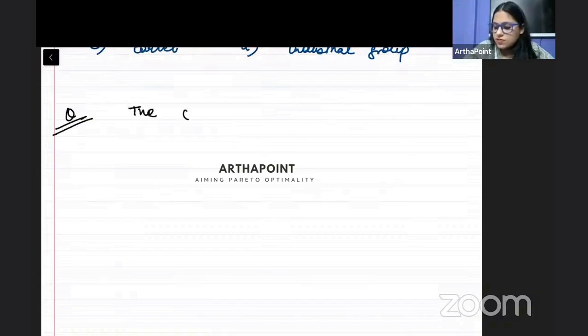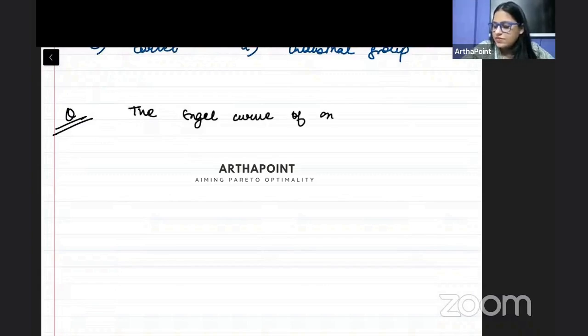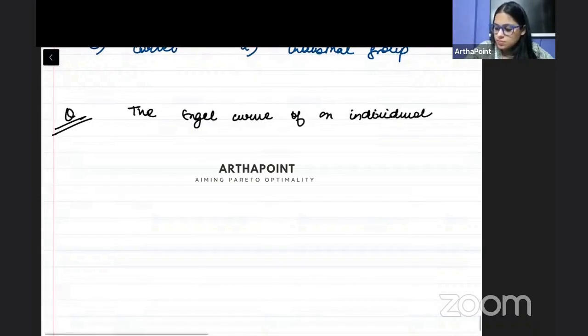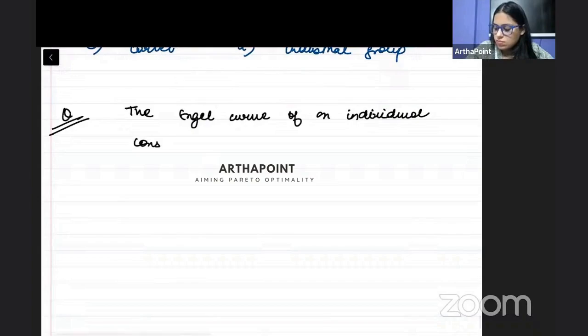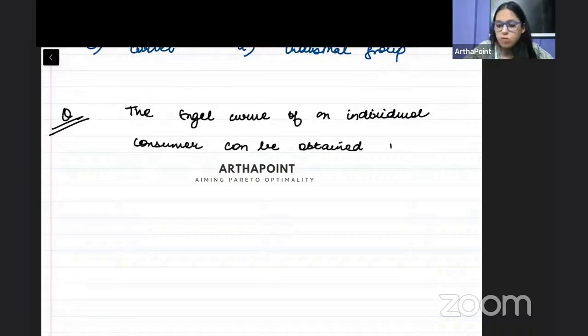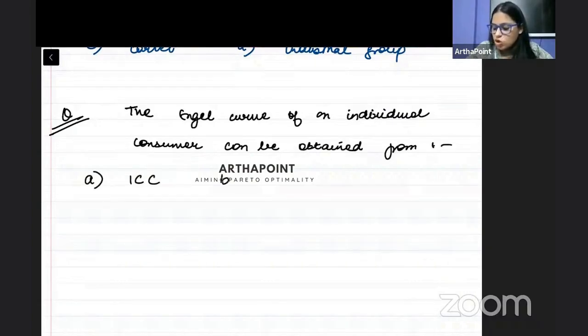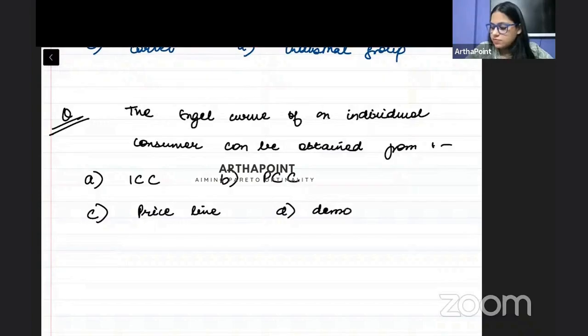The Engel curve of an individual consumer can be obtained from option number A, ICC, option number B, PCC, option number C, price line, or option number D, demand curve.